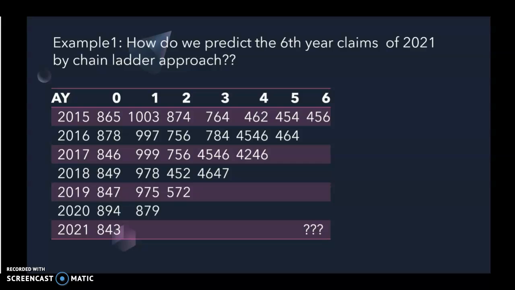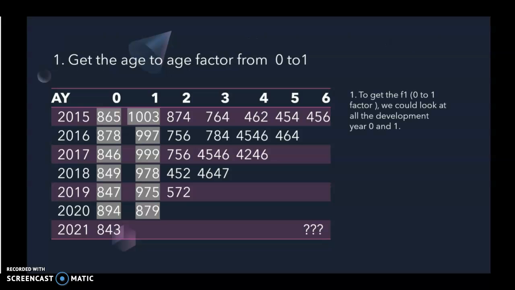Okay, so we're going to have 2 examples to demonstrate how we calculate the age-to-age factor, and also how we calculate the standard error. So first, by this given data, we will take the 0 to 1 factor for example, and let me show you how we calculate it.